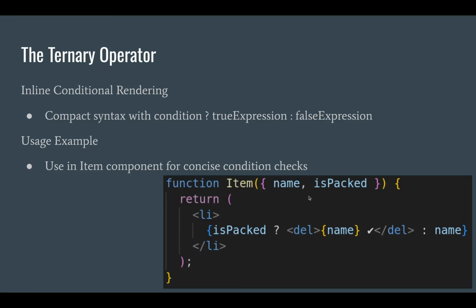This operator helps keep our code concise and readable, especially for simple conditional logic. If isPacked is true, then we'll display this. If isPacked is not true, we'll display just the name.